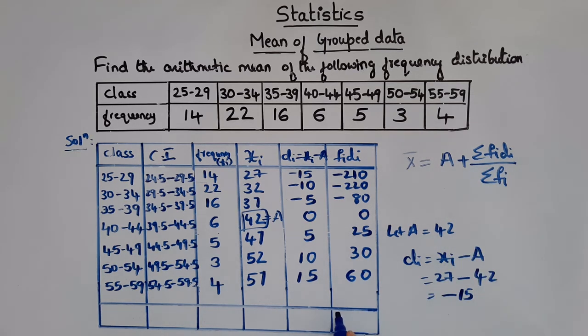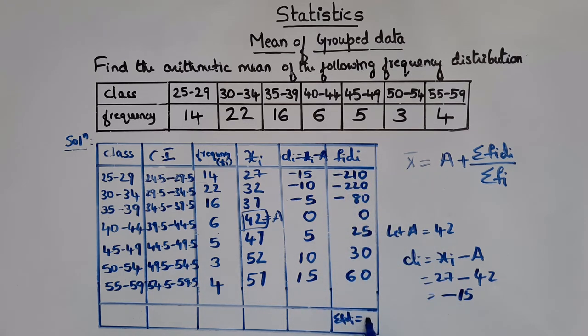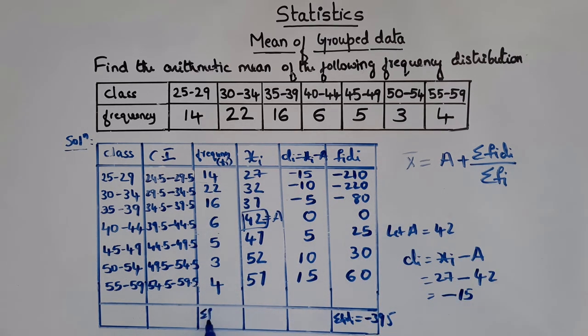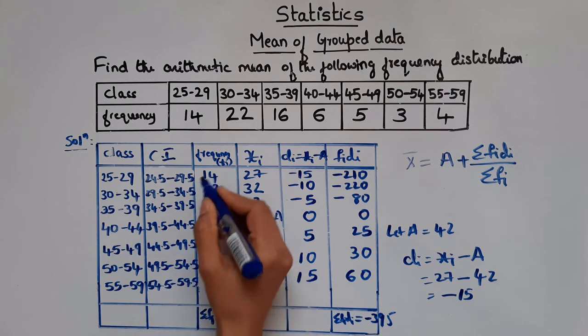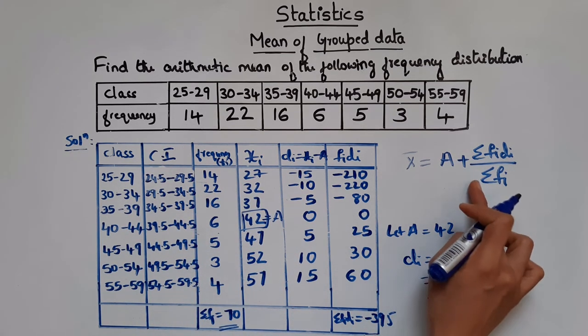Now we want sigma fi di. So let's add all these terms. When you add all these terms, this will give you minus 395. And also we want sigma fi. So when you add all these terms, this will give you 70. So let's substitute these values in this equation.